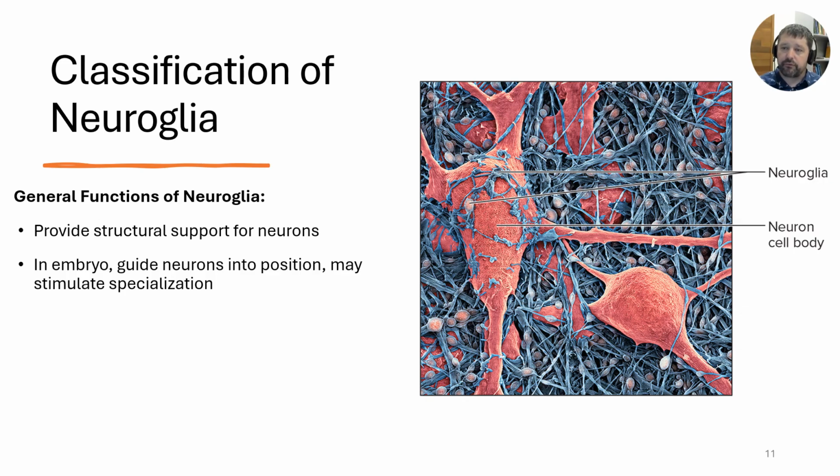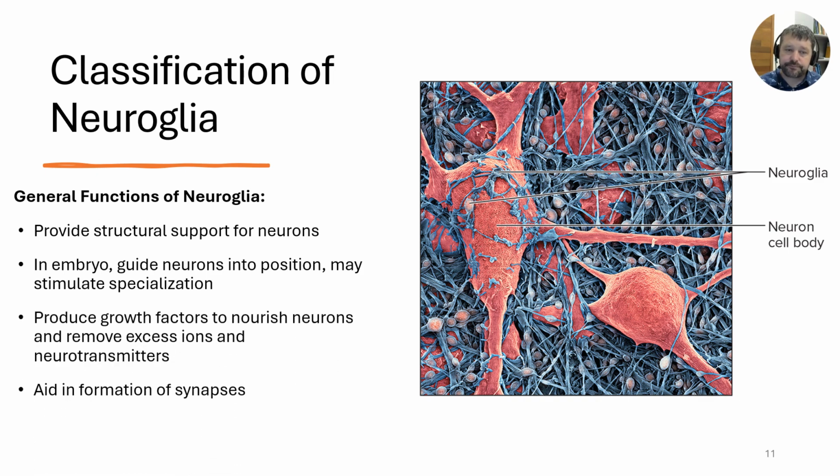So if it's a motor neuron, what is it going to be connected to? That kind of stuff. The other thing that they do is they produce growth factors, allowing the neuron itself to be nourished. They remove waste, they remove ions, and excess neurotransmitters. So you have a bunch of acetylcholine in the system, they'll help with the removal of that. And then again, they can aid in the formation of synapses between two nerves.